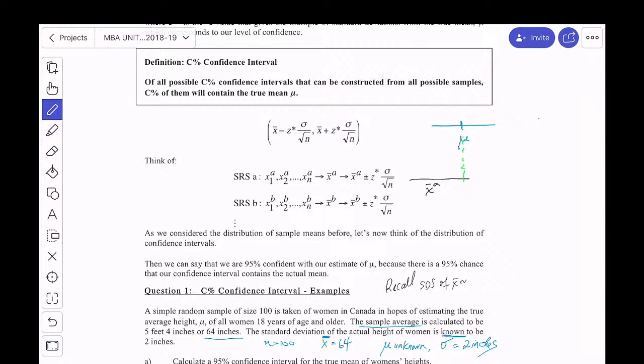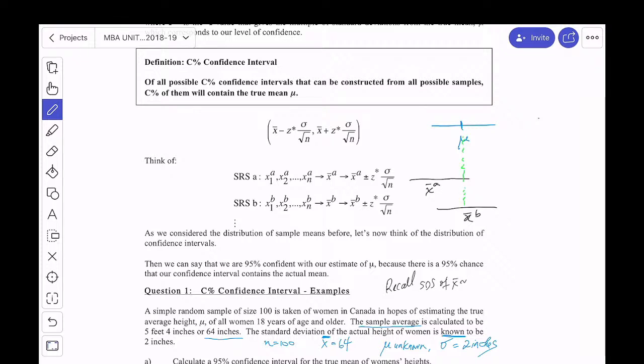Now we could have had a different confidence interval if we had a different mean. It's going to have the same width, but maybe it's centered at a different mean, and it also catches the true mean, you see.